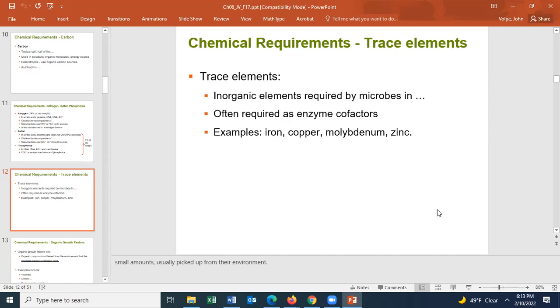Occasionally, we may live in an environment where we need to supplement that with trace elements. For those of you who live in Western Washington or Western Oregon, the rain has washed away iodine from our environment.